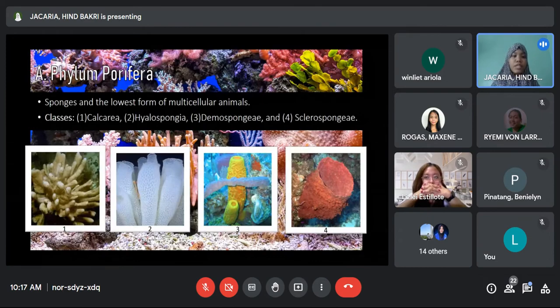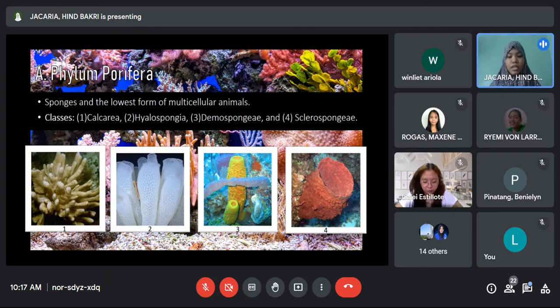For the third one, we have the Demospongiae. They have internal skeletons, which may be made of silica or sponging fiber or both. Then number 4 is Sclerospongiae.